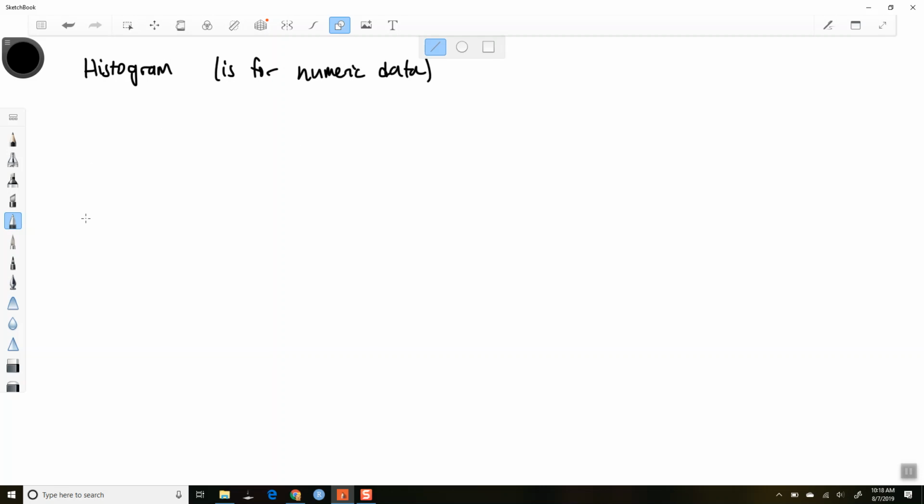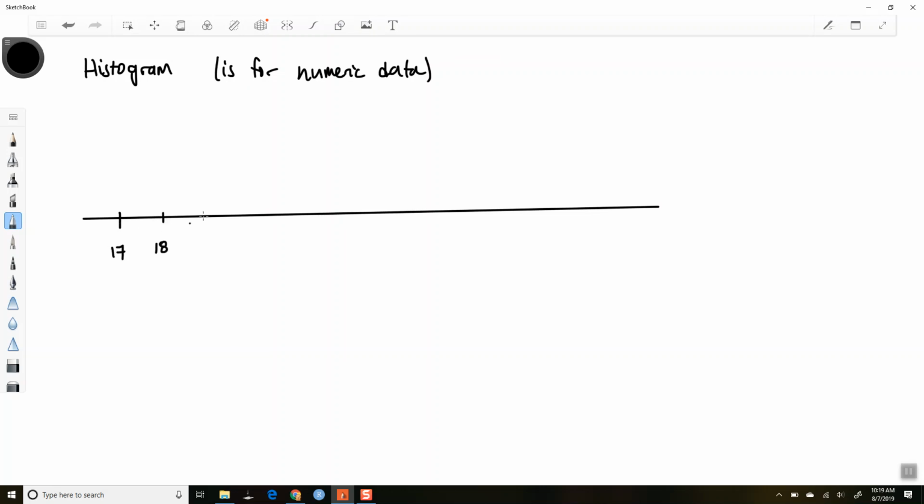Okay, and then by convention, the bar that represents everyone who's 17 starts at 17 and goes up to, sorry, it's hard for me to talk and write numbers at the same time.